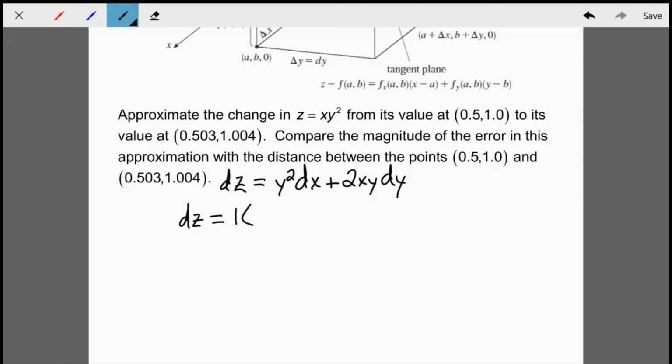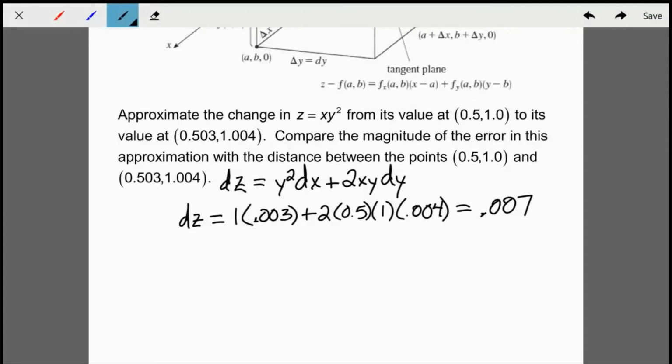So that's a change of 0.003 in the x direction. The change in y, first of all, I have 2 times my x was 0.5, my y was 1, and my change in y is 0.004. So what we end up with is an approximated change in the z of 0.007.